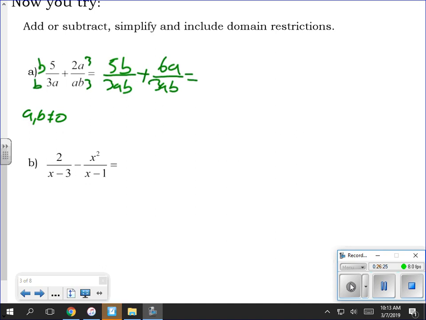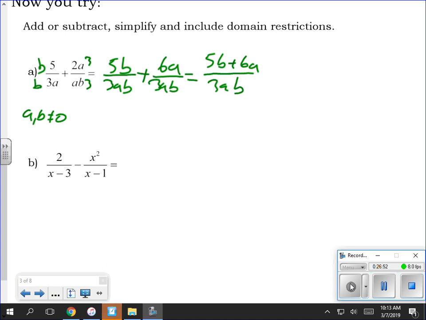Combine them together, my denominator is 3ab, because it's the common denominator, and then I have 5b plus 6a. And if you had 6a plus 5b, that's okay too. I cannot factor my numerator, so I'm done. There's nothing to reduce, nothing to factor, finish. And usually that's what happens with these.